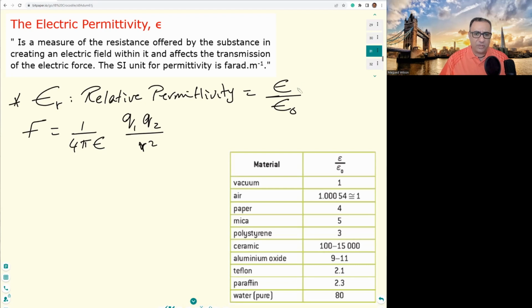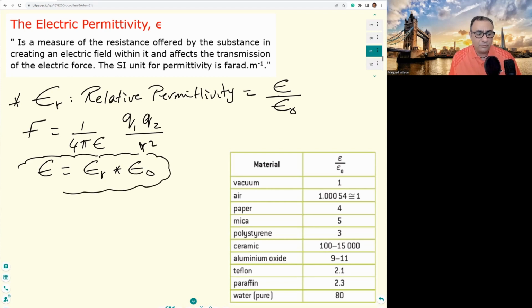If given epsilon r, epsilon is going to be epsilon r multiplied by epsilon naught, obviously just simple cross multiplication, right? So if you are given in the problem epsilon r, you can just multiply it by epsilon naught, which is in your data booklet 8.85 times 10 to the power of negative 12 farad meter minus 1.